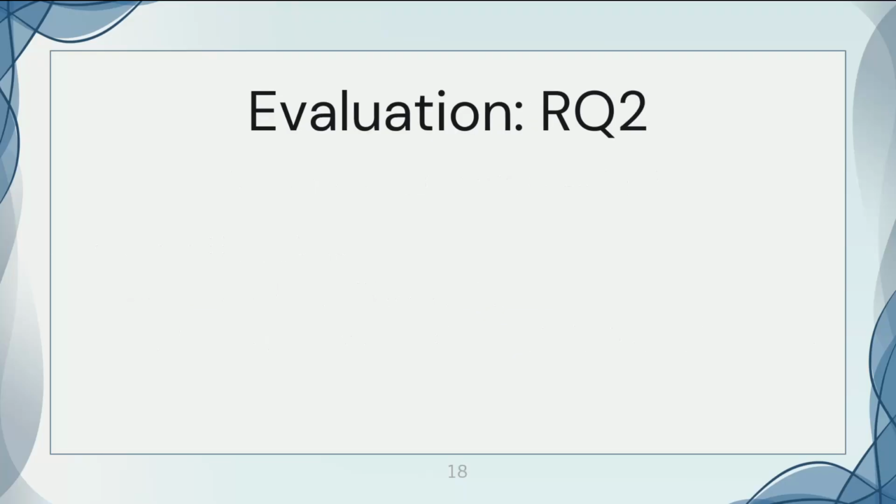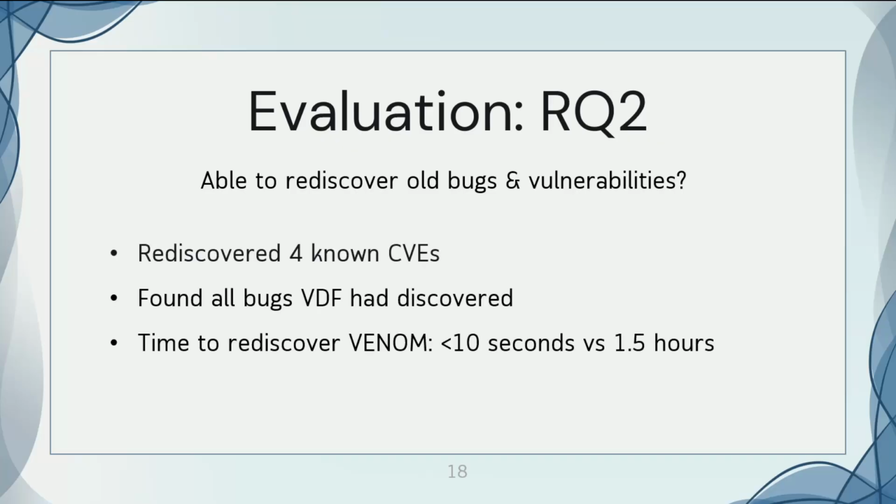For their second evaluation question, they were trying to see if Hypercube was able to rediscover old bugs and vulnerabilities. And it did rediscover 4 known CVEs, and it found all the bugs that VDF, the other state-of-the-art hypervisor fuzzer, found.